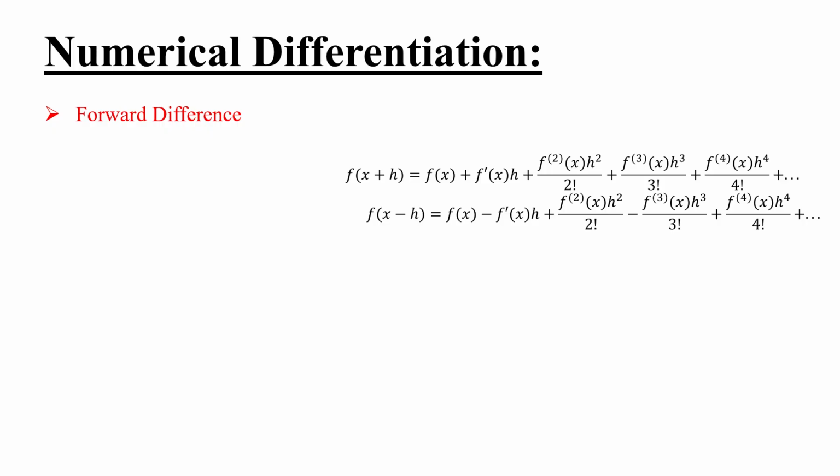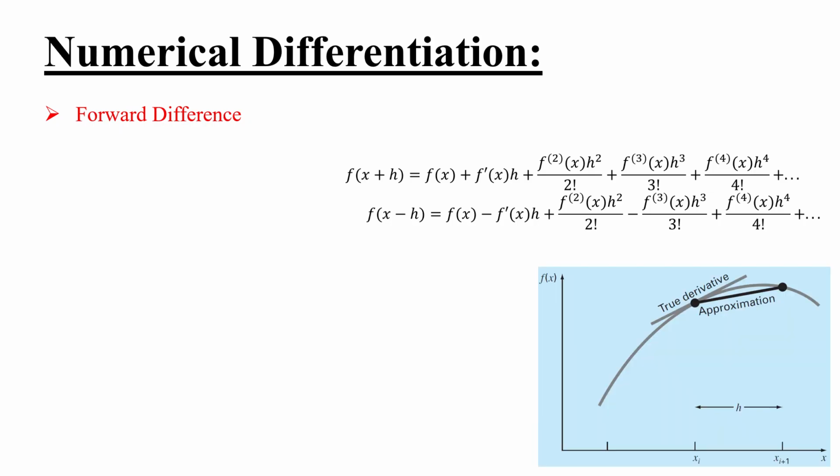If we consider a Taylor series based on x plus h, we can approximate it as f of x and its derivatives in series. Similarly, we can calculate the function values using the Taylor series with x minus h. We will use these formulas to come up with the forward difference and backward difference formulations.